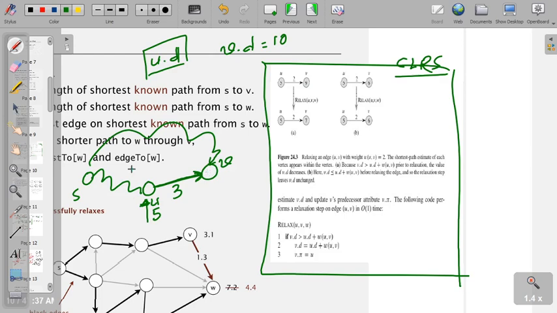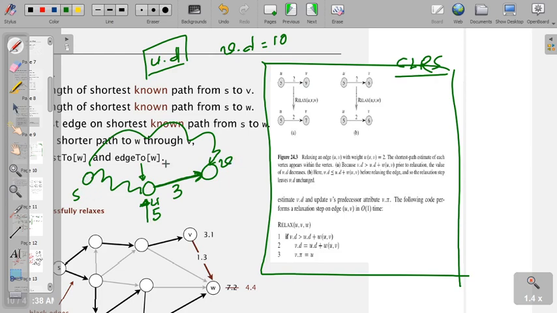So now you see, we will be using this relax procedure. That means via this u, whether there is any path to v or not, and if there is a path, what will be the cost involved from the source node. From the source node I can reach u, and then from u to v I can go.